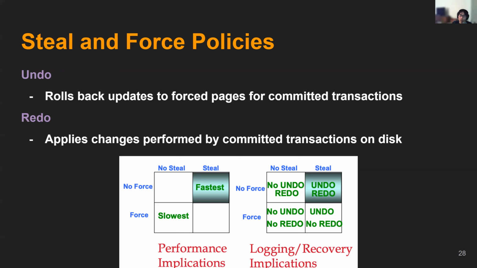That means it's much easier to do recovery in this environment, so you don't need a redo and you don't need undo. If you are using a steal and no-force policy, then it's the fastest performance you can have, but you need undo and redo to ensure atomicity and durability.